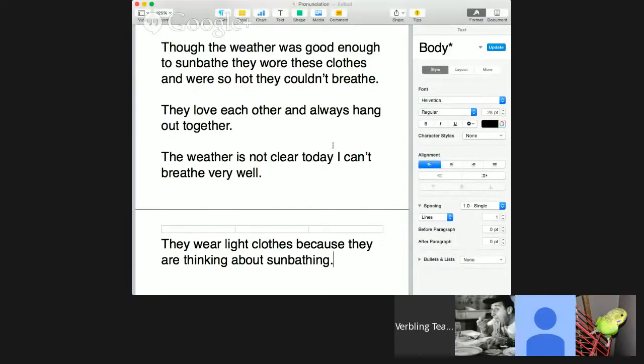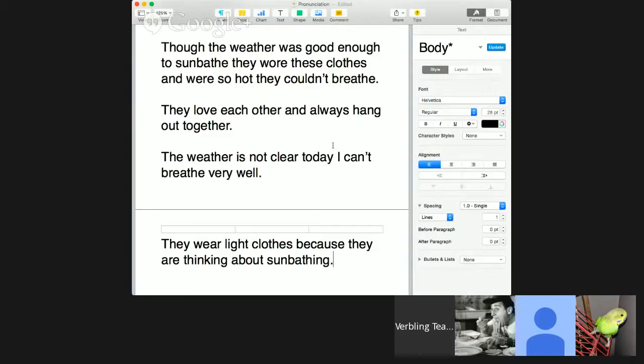Great. Giselle. Though the weather was good enough to sunbathe, they wore these clothes and were so hot they couldn't breathe. Well done. Keep going. They love each other and always hung out together. The weather is not clear today.